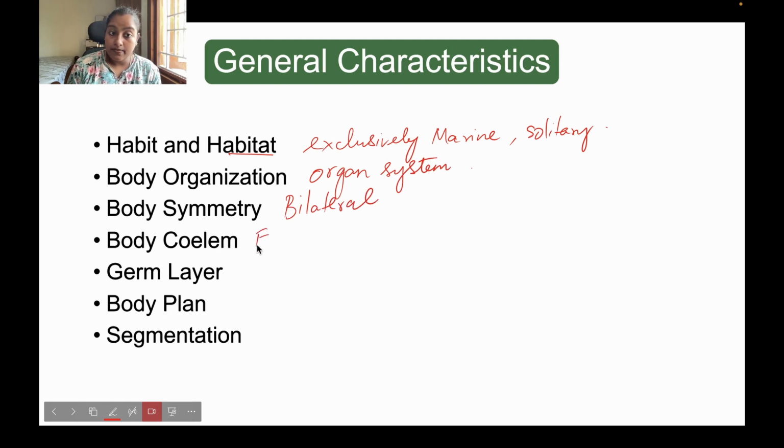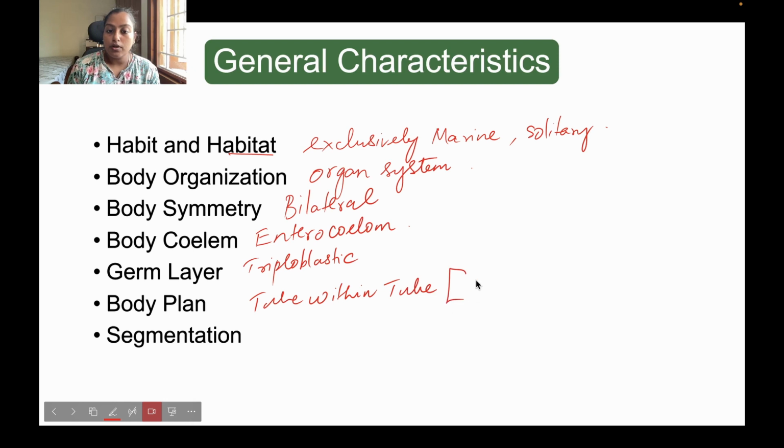Body coelom, very important, enterocoelom. Germ layer triploblastic. Body plan, very important. Tube within tube, deuterostomate. Segmentation absent.